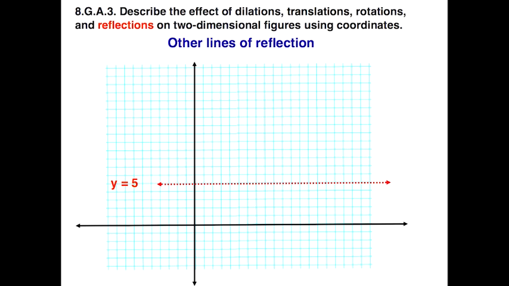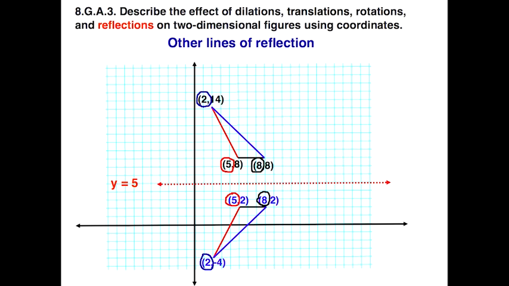Let's try a horizontal line of reflection. Let's say y is equal to 5. And let's start off with this triangle, and let's reflect it across the line y equals 5. Here are our new coordinates, and we color code our segments. What happened with the x coordinates? No change. 2 and 2, 5 and 5, 8 and 8.